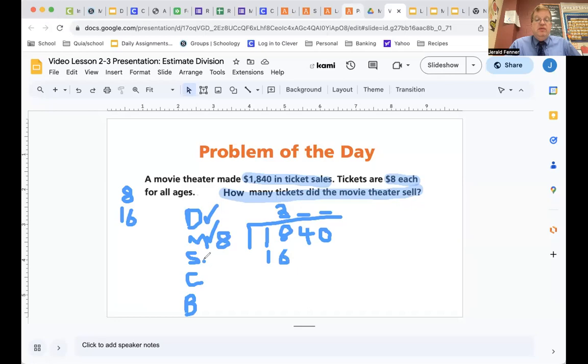Then we're going to subtract. 18 minus 16 is 2. We're going to compare. Is 2 less than 8? It is. So we are going to bring down the 4. So it is going to be 24.